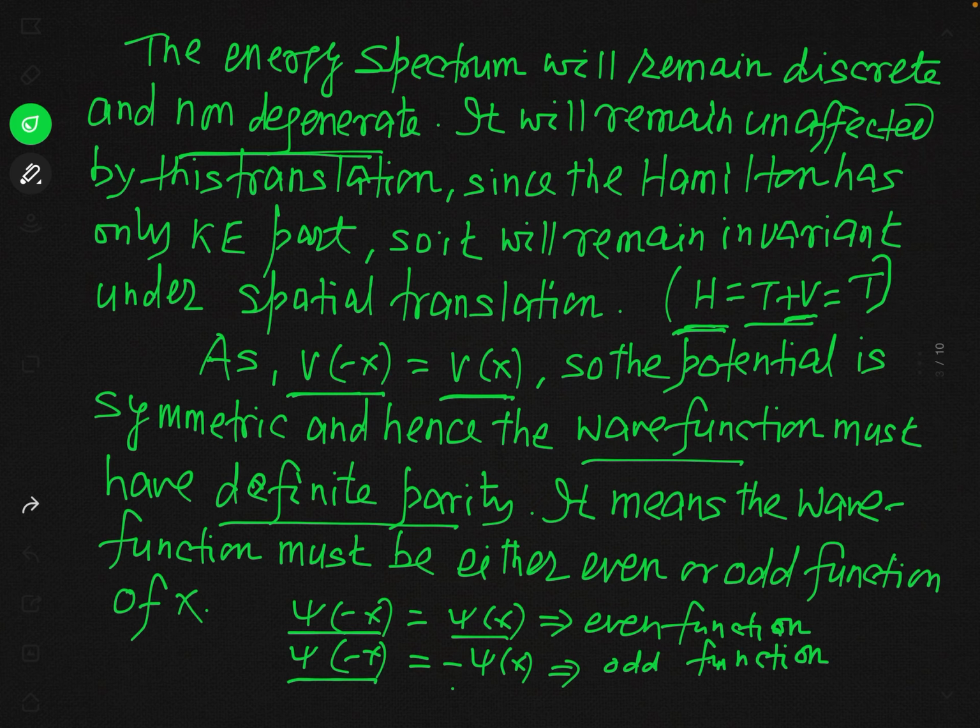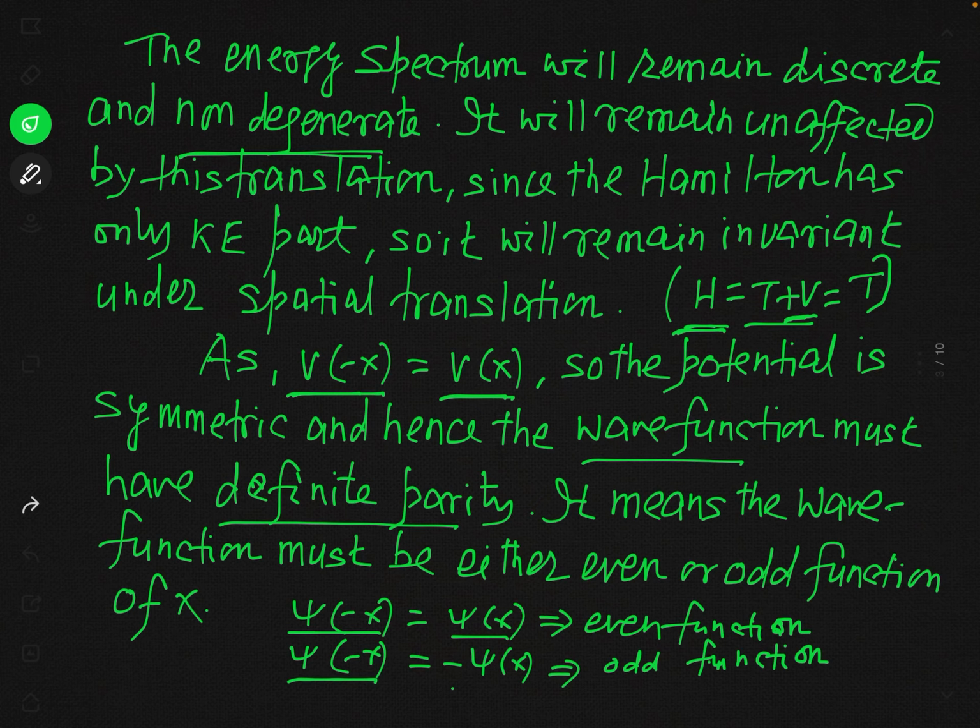How can we say that these energy eigenvalues are discrete and non-degenerate? For this, we will first find the eigenstates or eigenfunctions, and then find the energy eigenvalues, and then this statement will be verified.